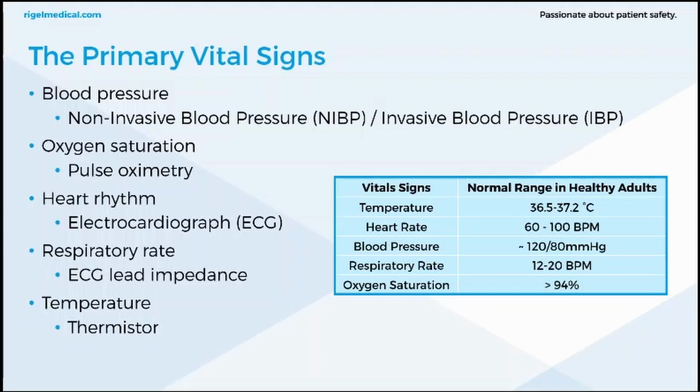We've got heart rhythm, so an electrocardiograph, which measures the electrical impulses from the heart. There's respiratory rate, so ECG lead impedance. This measure uses two ECG leads and measures the impedance between 2 points. Then there's temperature, typically a thermistor, which is used on patient monitors. There are also other methods of measuring temperature, so infrared and thermocouples.